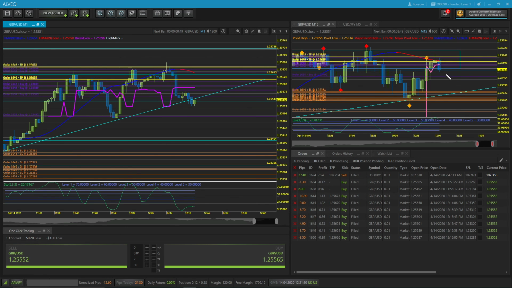What we want to see is it to bounce around a little bit right here in this level, in this stochastic to come back down.